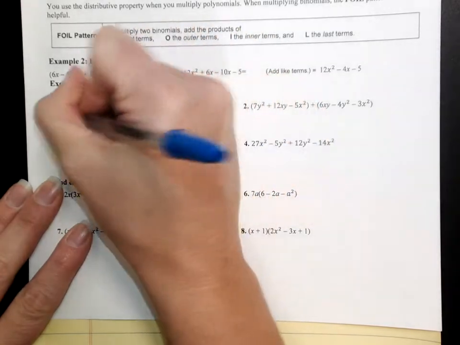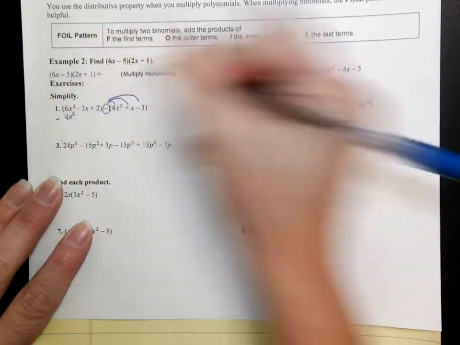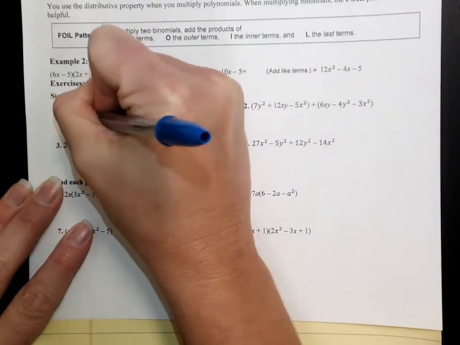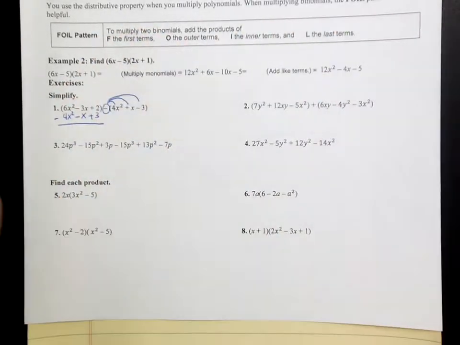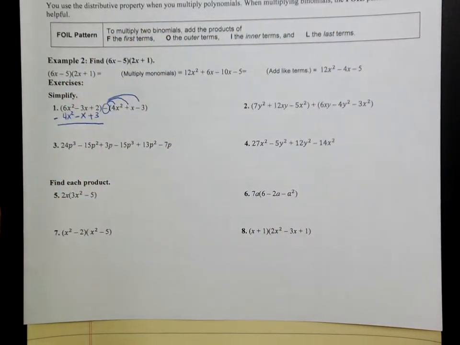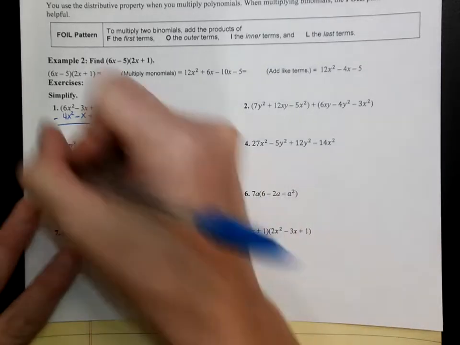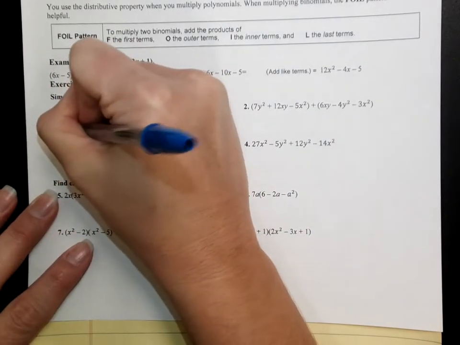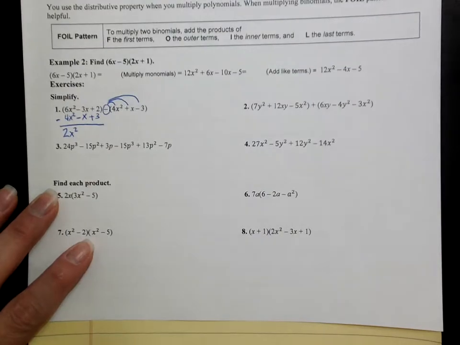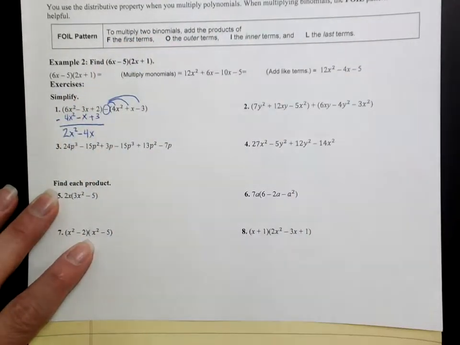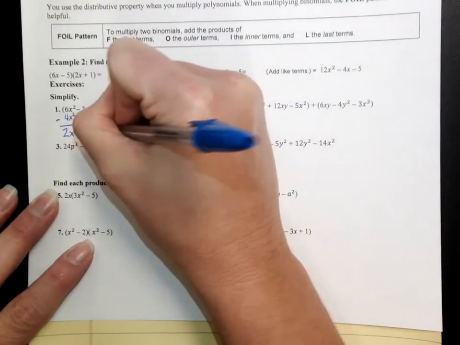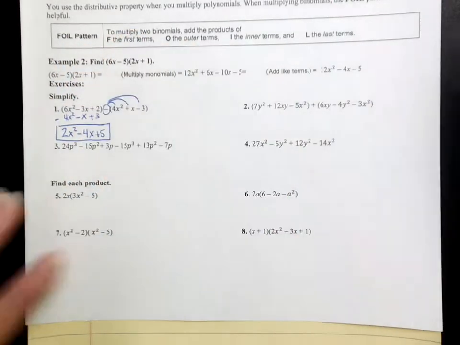So that makes that a negative 4x squared, a negative x and a positive 3. Now when I combine like terms, 6x squared minus 4x squared is 2x squared. Negative 3x minus 1x, negative 4x. 2 plus 3 is a plus 5. That's the answer to this one.